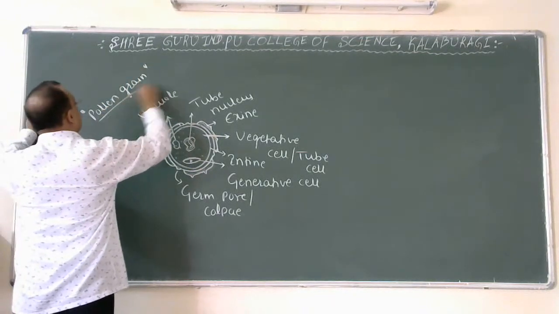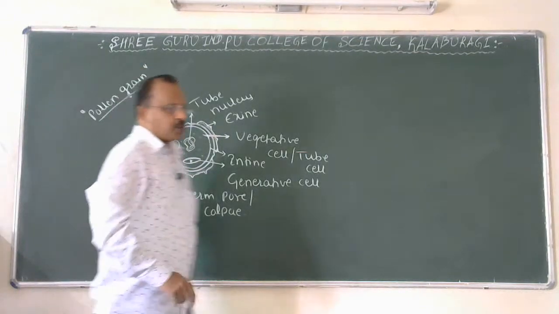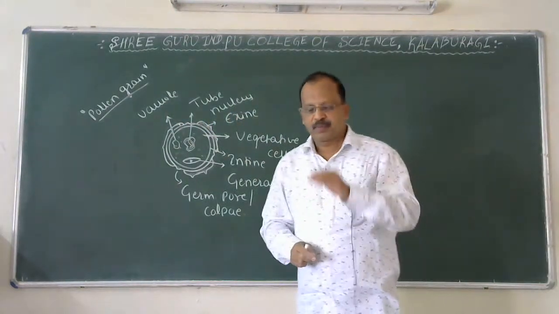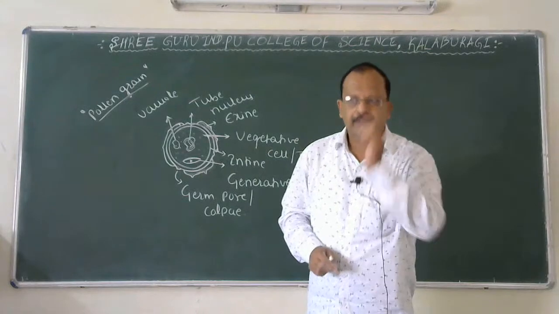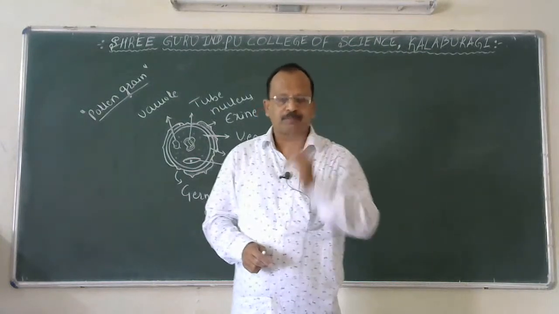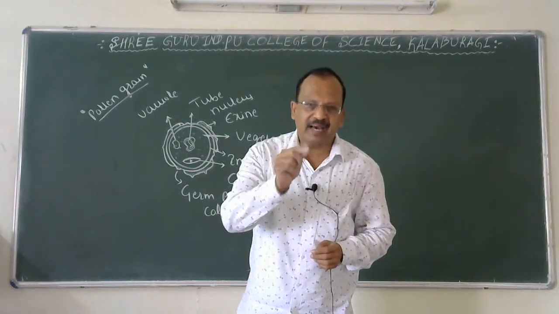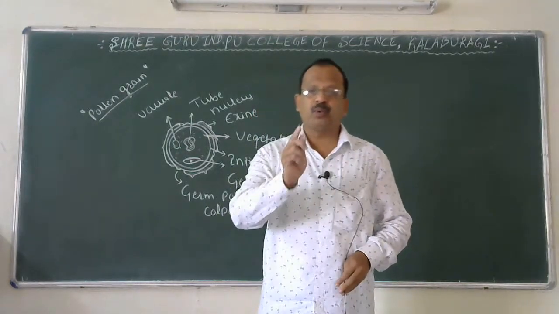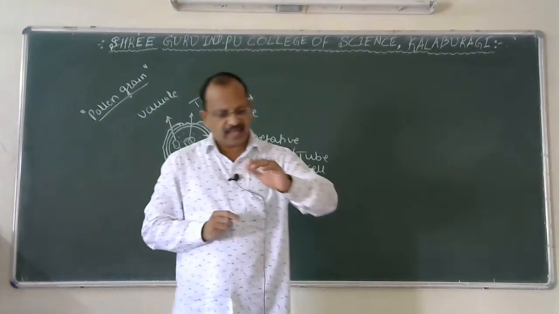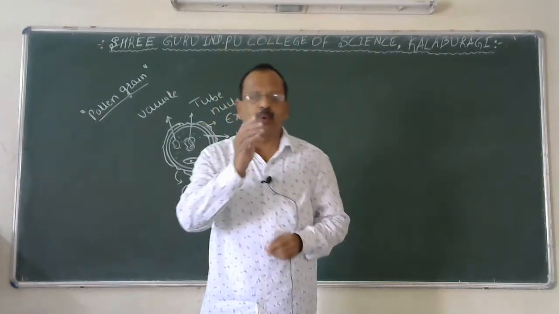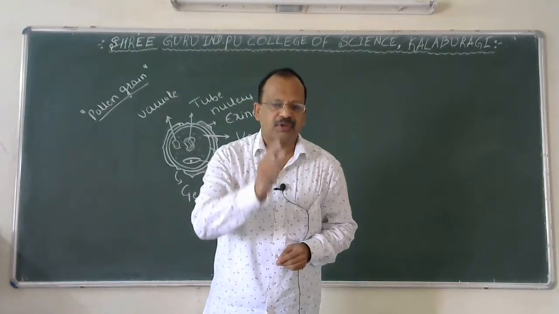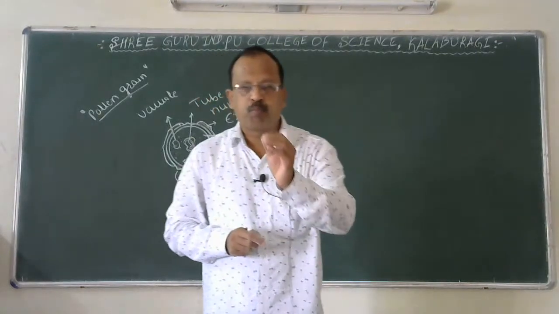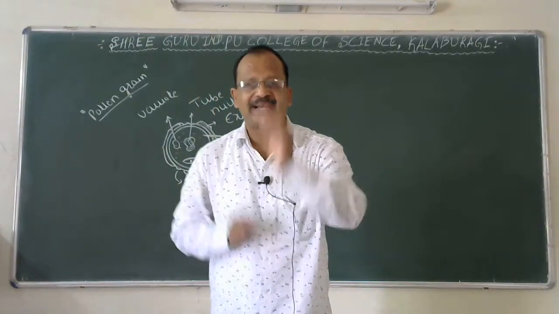Structure of pollen grain or microsporangium. I will repeat the previous point. When the anther is young, you will get a group of 4 compactly arranged homogeneous cells called sporogenous tissue. As the anther develops, sporogenous tissues will undergo meiotic division and produce microspore tetrads.